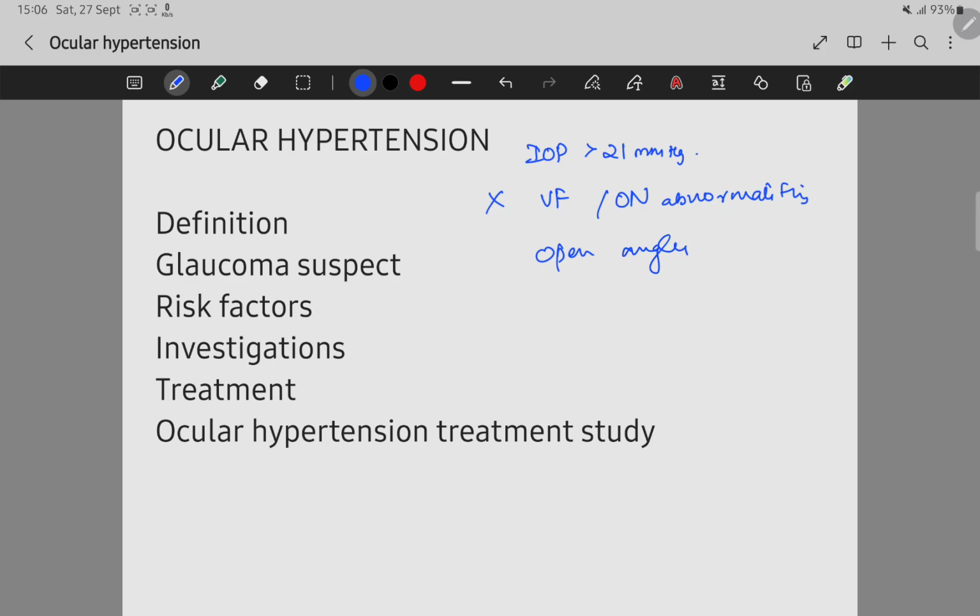So glaucoma is actually a triad of raised IOP, visual field defects and optic nerve abnormalities, right? But here we do not have any of these.